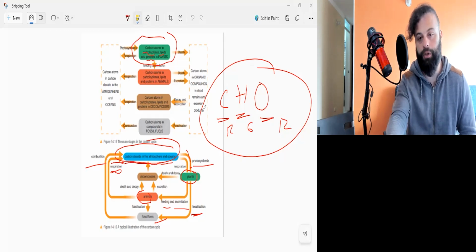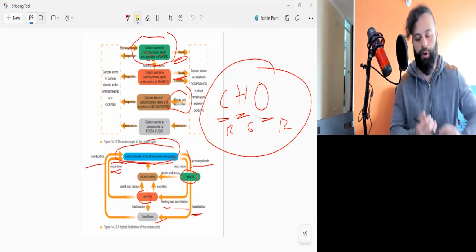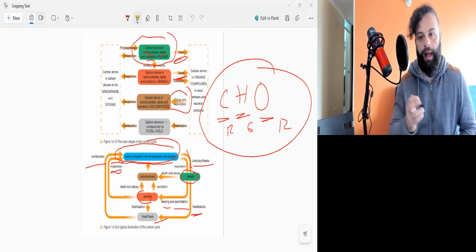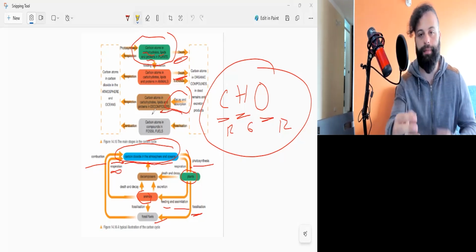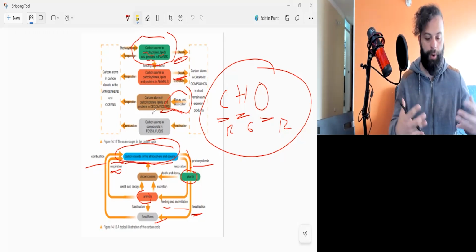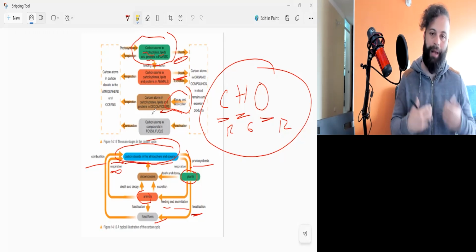Now, what we notice over here is when things die, animals and plants, they get decayed. So they get broken down by something known as decomposers, bacteria and fungi, and they release the carbon atoms back into the actual ecosystem so that the plants can use all of that dead organic matter and grow.